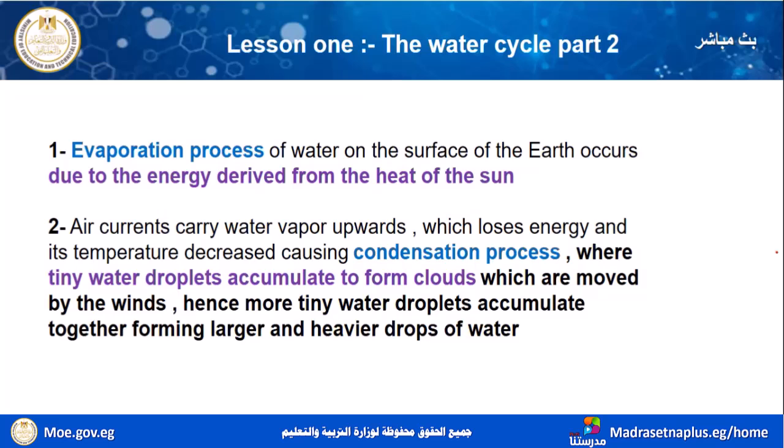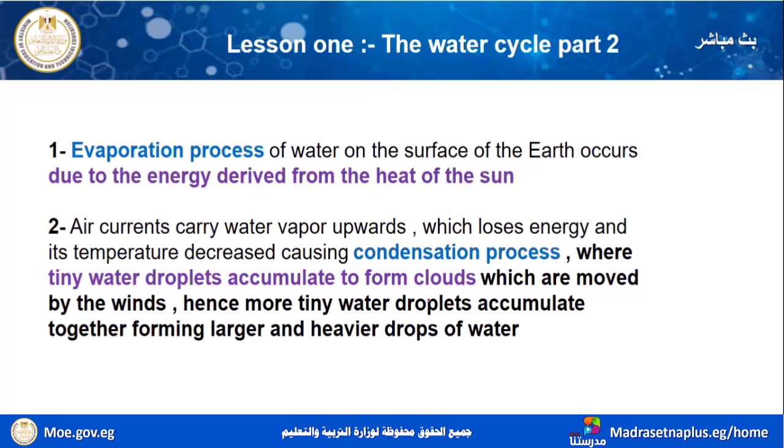This movement of air currents carries water vapor upwards, and when water vapor moves upwards, it will lose energy, or lose heat energy. Then the temperature decreases. In this case, water loses energy, and it will return back to water or to liquid state. This process is called the condensation process, where tiny water droplets accumulate to form clouds.